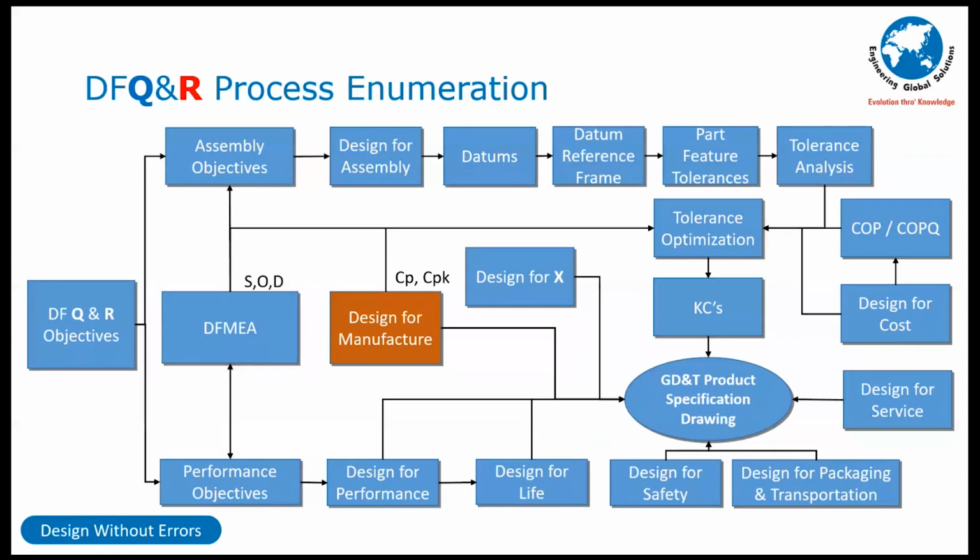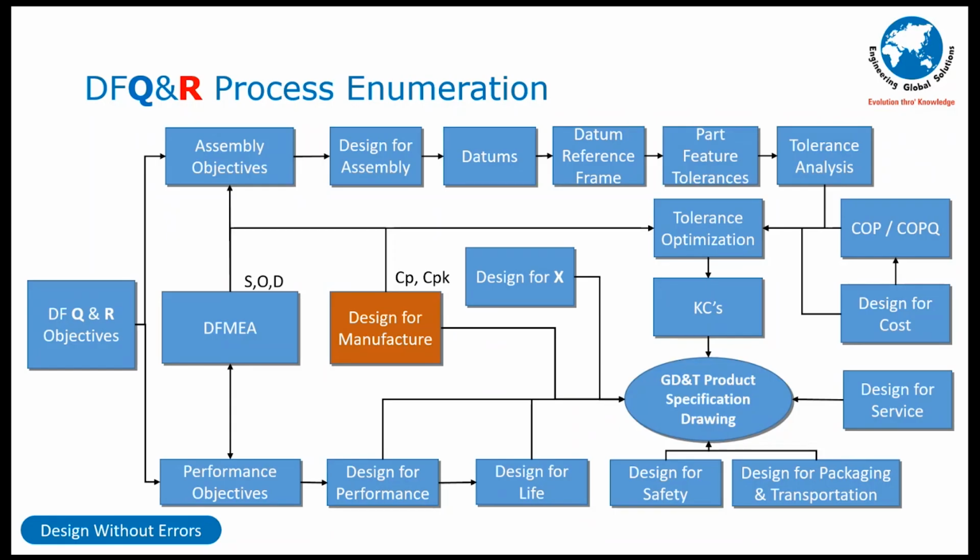For that, when we look at it from a design point of view, we have been reiterating this proven process in design for quality and reliability across many webinars. In fact, this is one of our mainstay processes that we employ at our organization for any new product development or new technology development here. So if you look at this, you will see where design for manufacture is sitting in the whole scheme of things. At the end of this is the GD&T drawing that comes out.